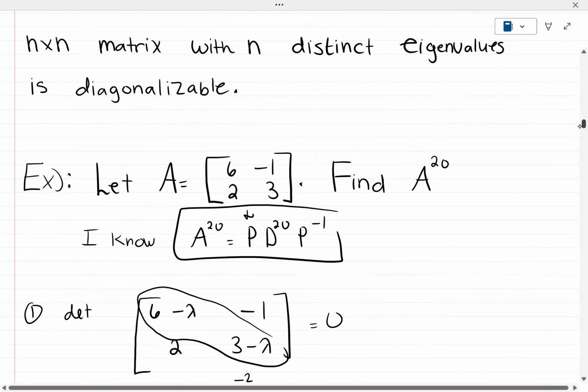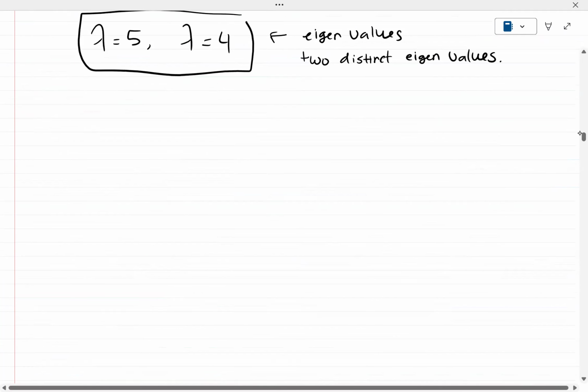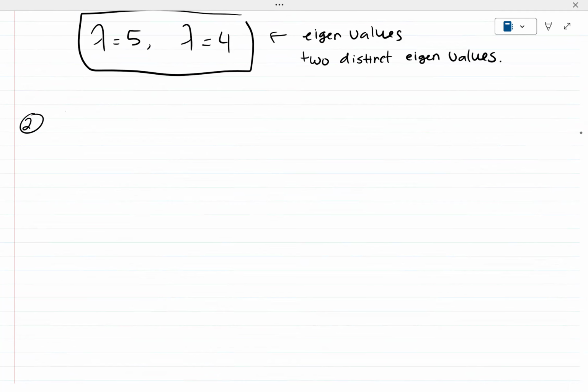Okay, so how do we do that? Okay, so step 2, find the eigenvectors.